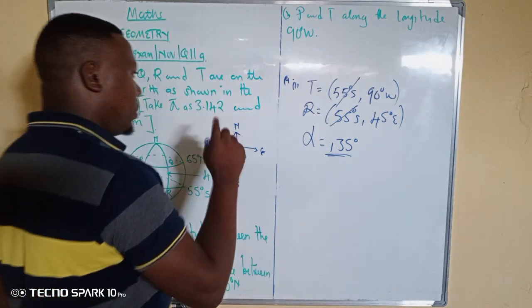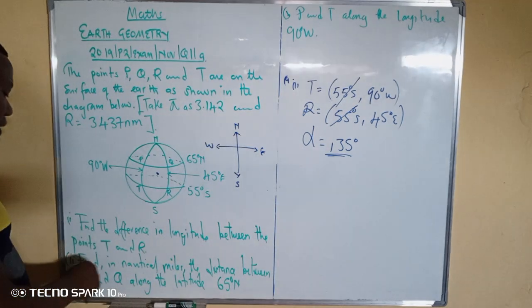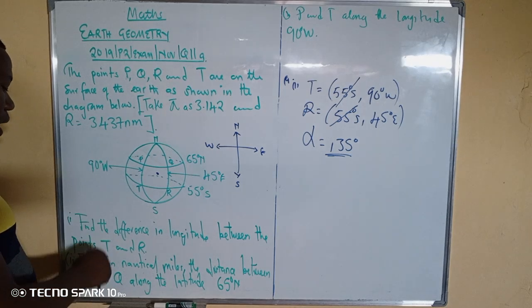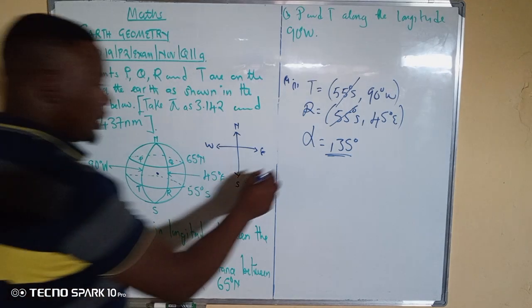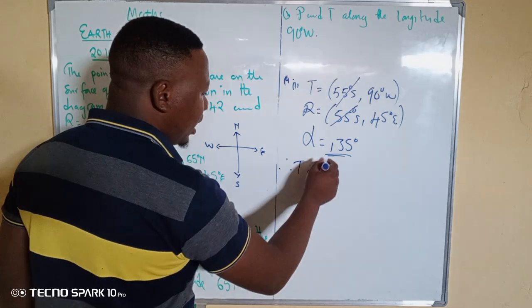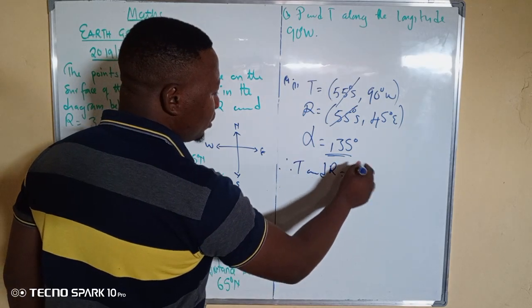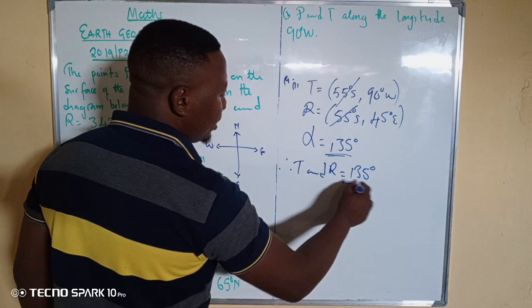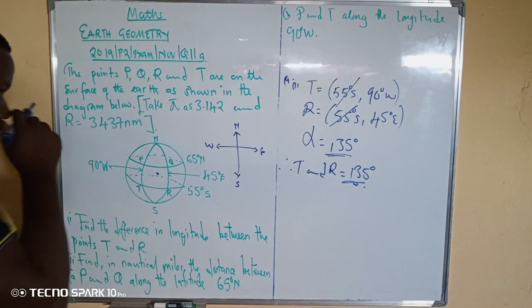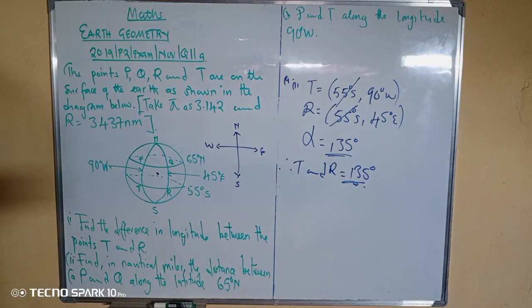So I have found the difference between T and R, which is 135 degrees. Now we are going to look at the next question.